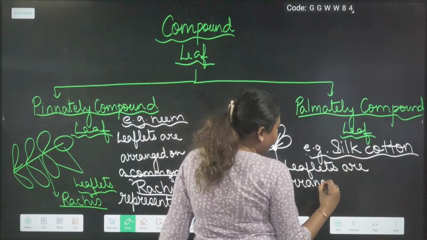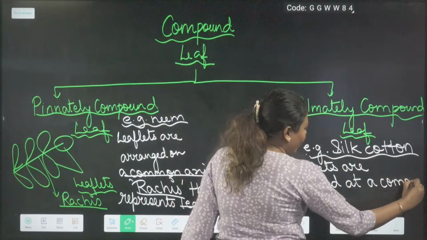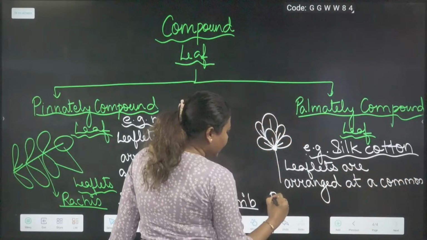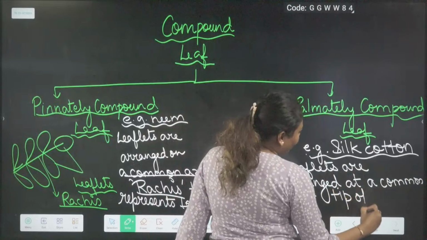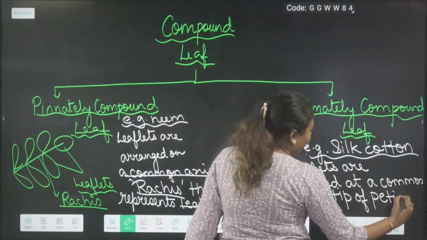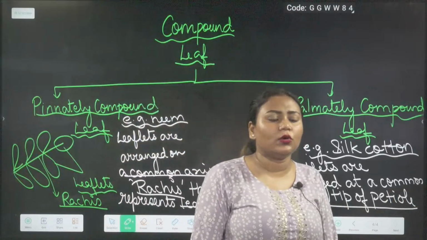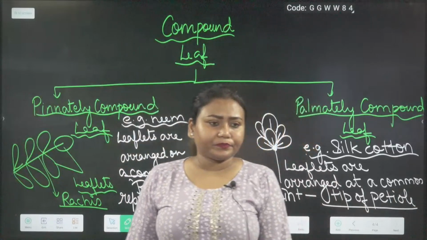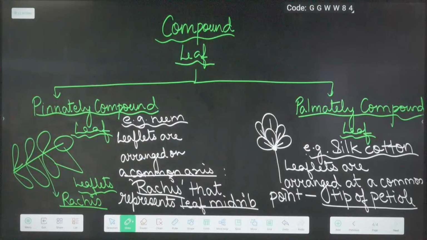Leaflets are arranged at a common point, which is the tip of petiole. So this is the difference between pinnately compound leaf and palmately compound leaf.